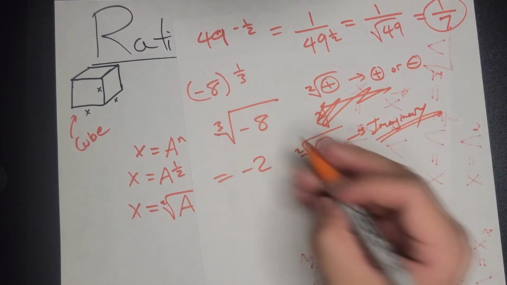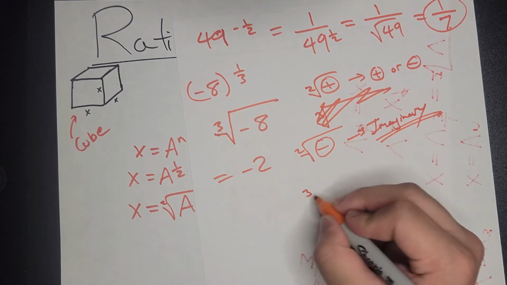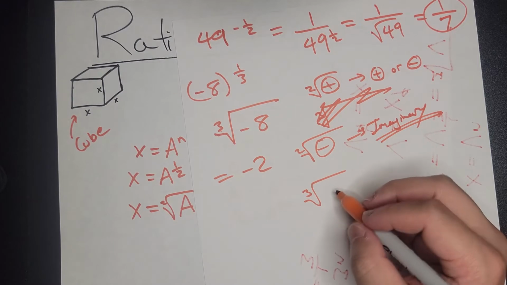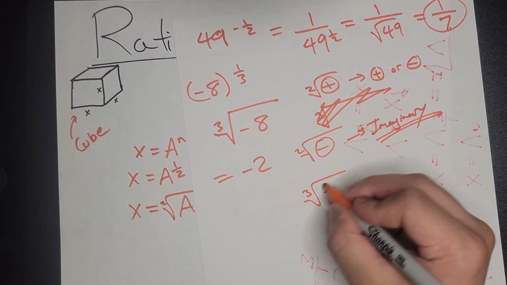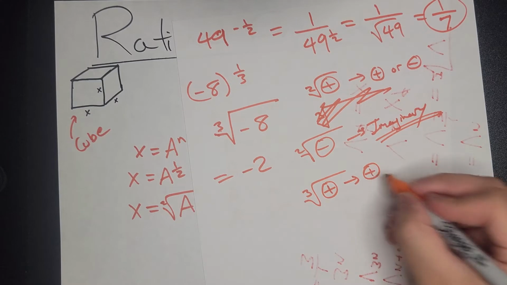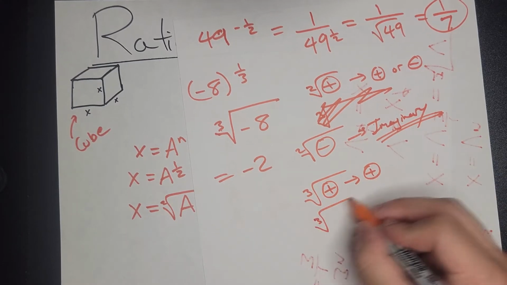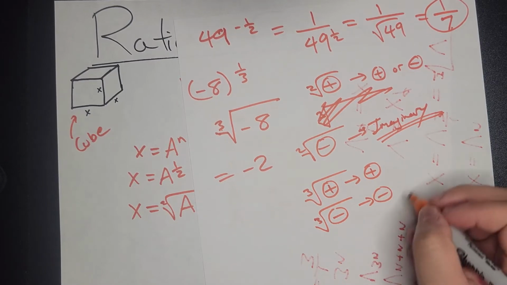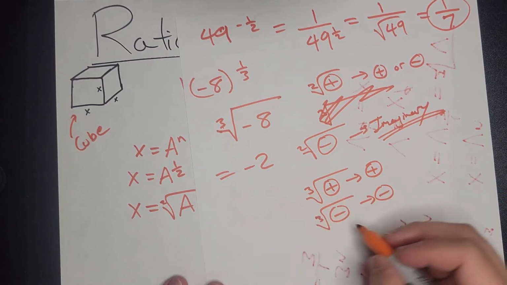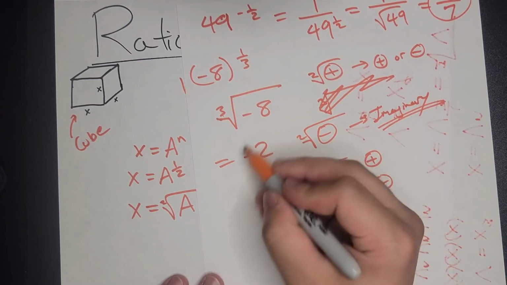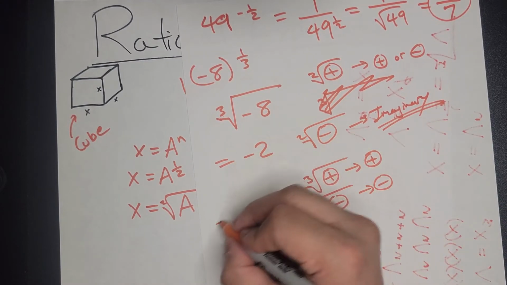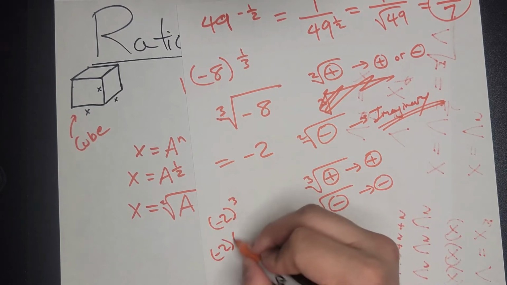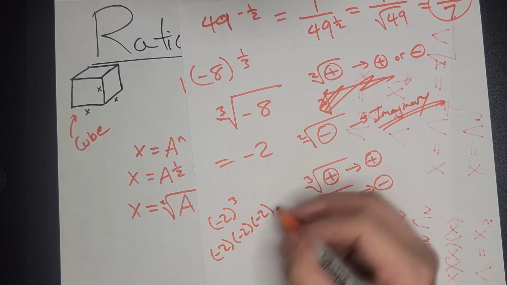And when you do a cube root, whatever the sign is, it's going to stick. So if you take the cube root of a positive number, you end up with a positive number. If you do the cube root of a negative number, you're going to end up with a negative number. And that is because, say in this case, we have a negative 2, right? Negative 2 cubed is basically negative 2 times negative 2 times negative 2.